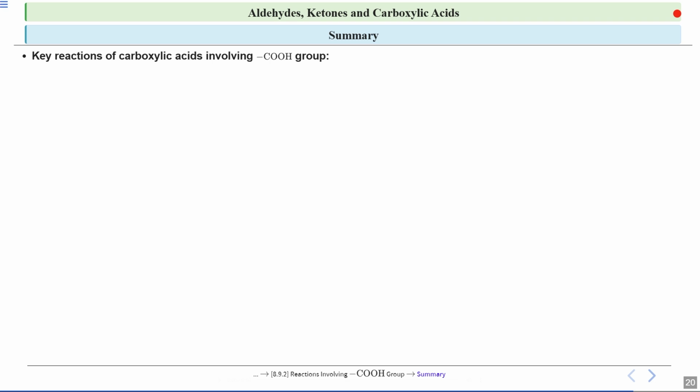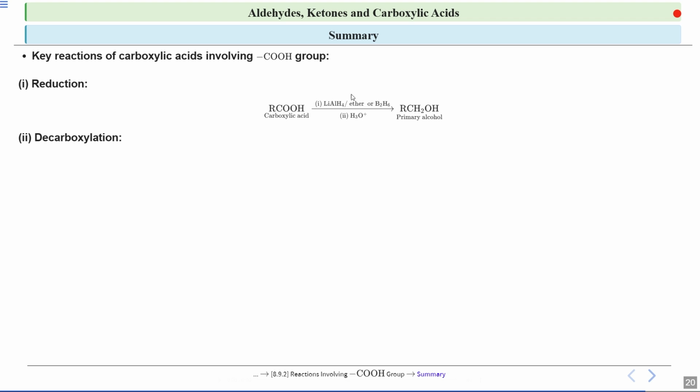Next, we discussed the reduction. In this reaction, a carboxylic acid is reduced to a primary alcohol. This is a primary alcohol because the carbon to which the OH group is attached is further connected to one carbon atom only. This is achieved using reagents like lithium aluminum hydride, LiAlH4, or diborane, B2H6.